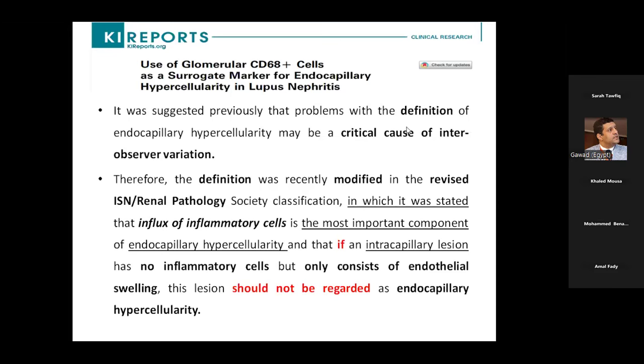We all know that endocapillary hypercellularity is one of the activity index parameters of lupus class 3 and 4. So here they said that if it's not including inflammatory cells, this will not be regarded as hypercellularity. This will be regarded just as an endothelial injury.